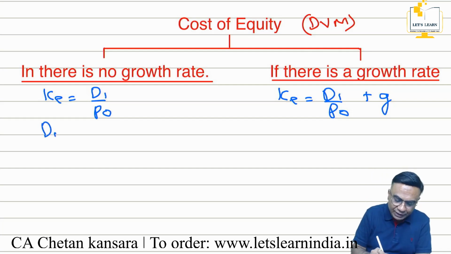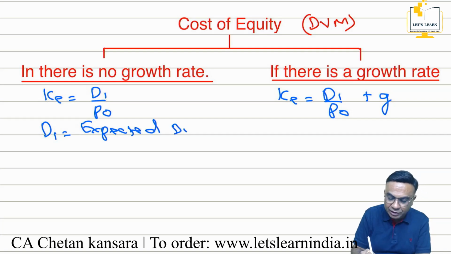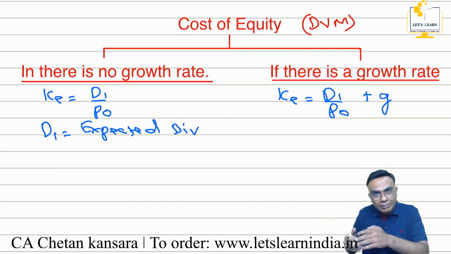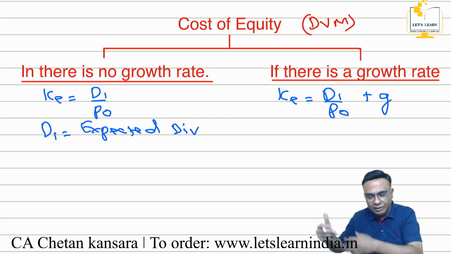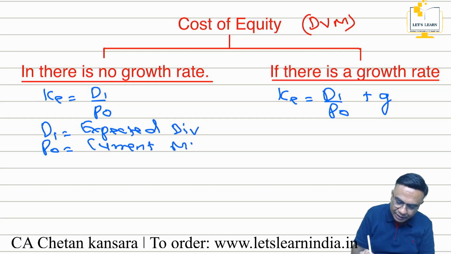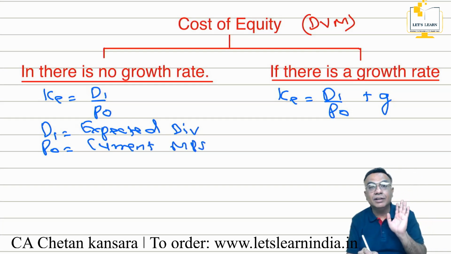D1 is the expected dividend, the immediate dividend which the company is planning to pay in the coming year. And what is P0? P0 is the current market price of the share.